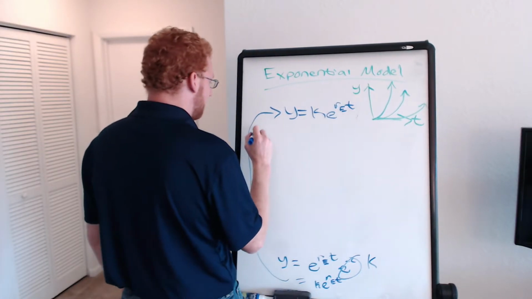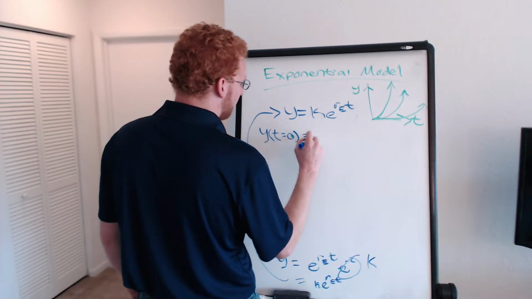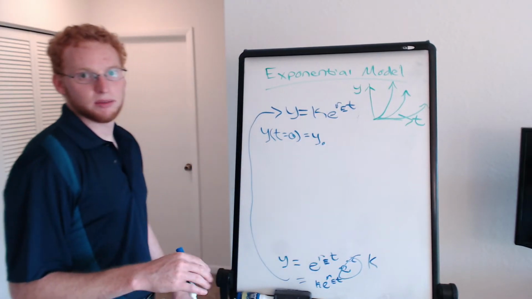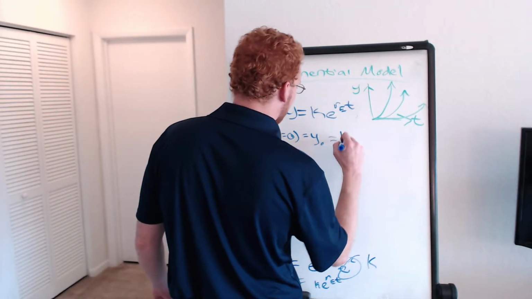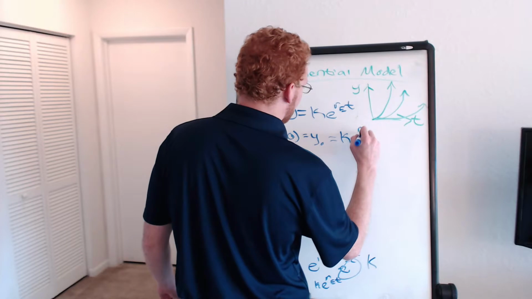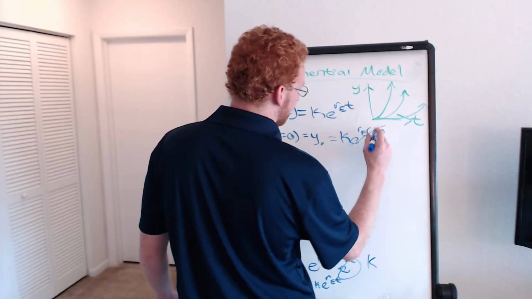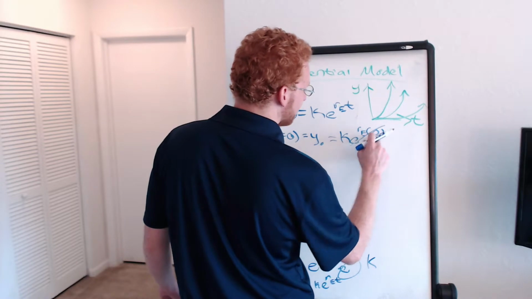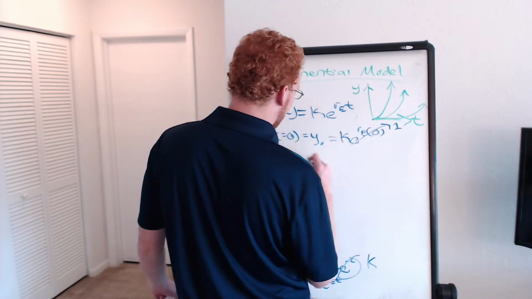We know that y at t equals 0 is called y naught, the initial proportion of diseased plants. And that's equal to k e to the r sub e times 0. That's e to the 0, which is defined as 1. So 1 times k is just k.